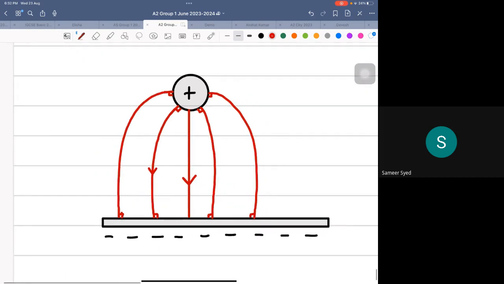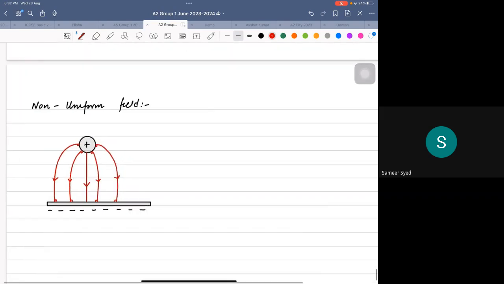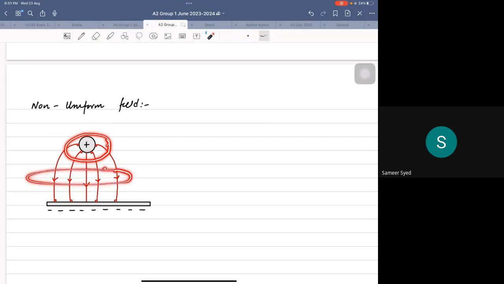Is it clear, everyone? Now, why is this non-uniform? Because if you look at this, you might see that lines are closer near this, but lines are further apart here. Which means that every point will have a different value of electric field strength.